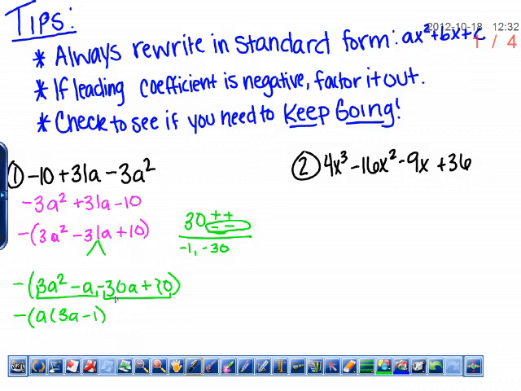Good. We've got that negative in front, so we want to pull out a negative 10. And then what am I left with? Do they match? All right, so I have negative a minus 10 times 3a minus 1. Okay?